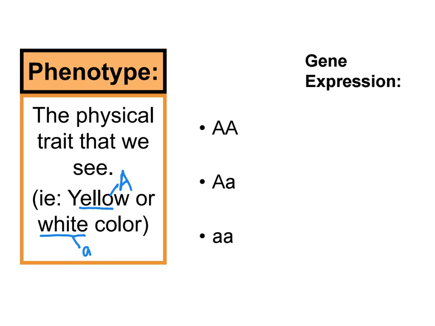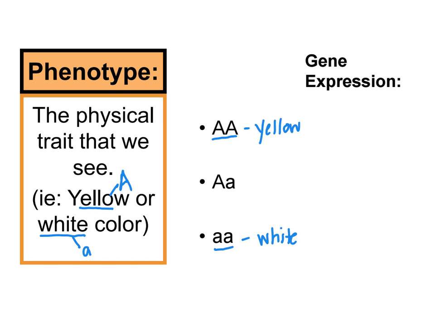In the homozygous dominant genotype, we have two dominant alleles. Dominant alleles always show their trait, which means that this is going to be a yellow flower. In the homozygous recessive genotype, we have two recessive alleles, which means that this will result in a white flower.